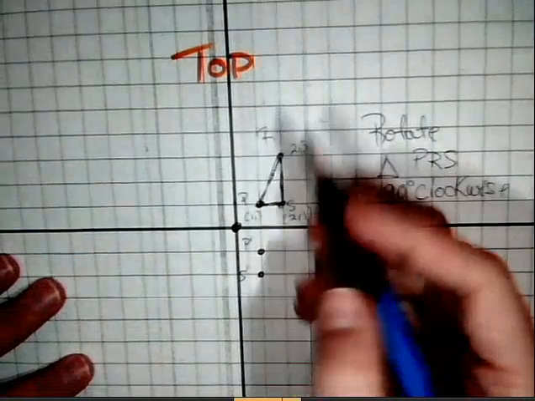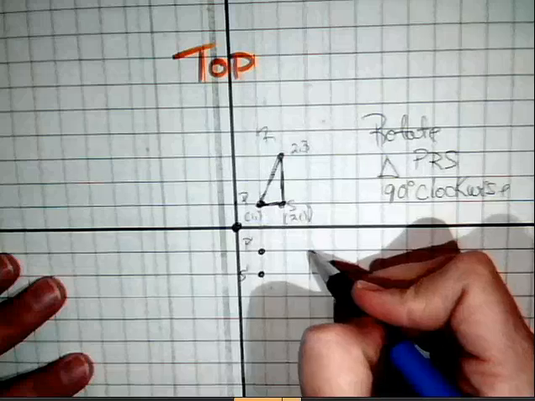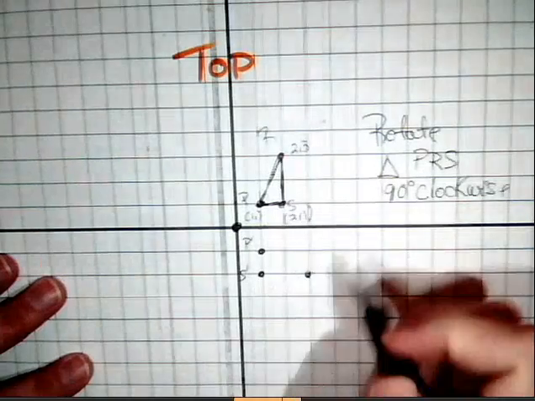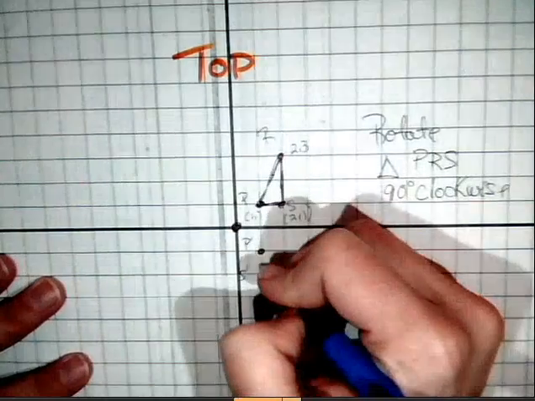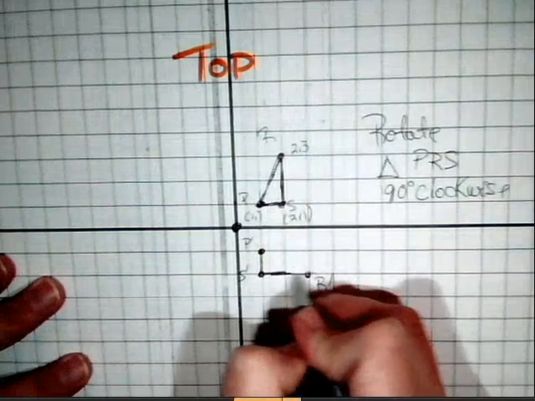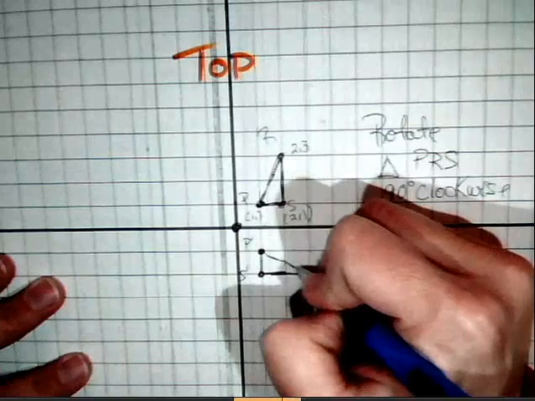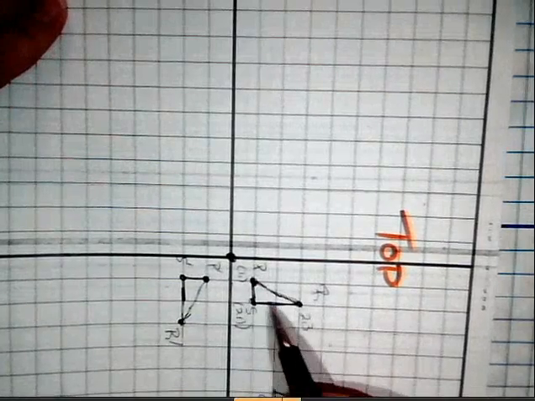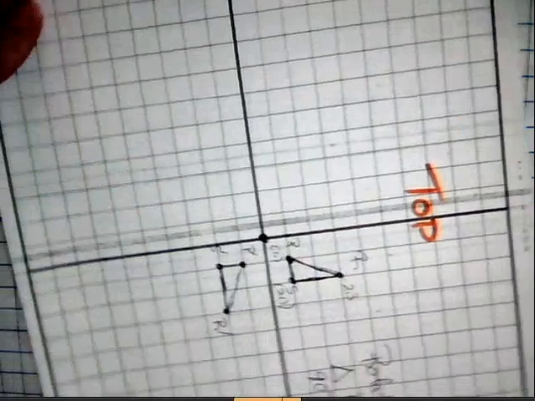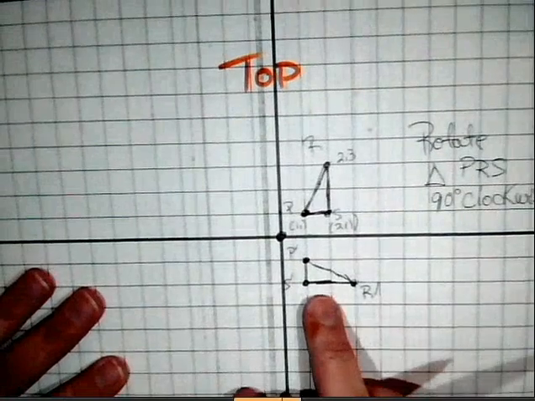So we're going to go right 1, 2, 3, down 2. And there is my R prime. If I look at the after effects, go ahead and spin it, and it's a little right triangle laying on its side, and that's what I have as my image.